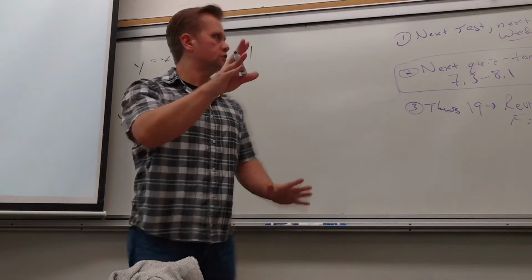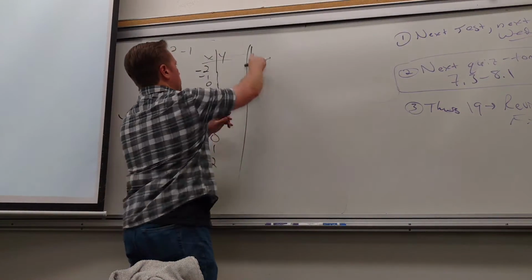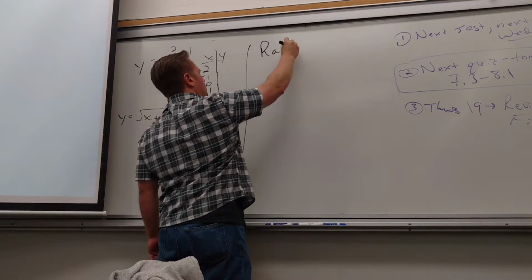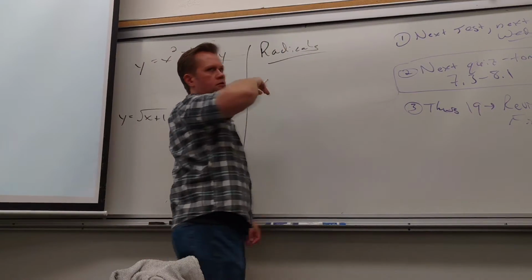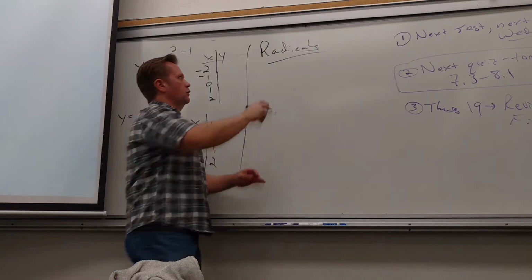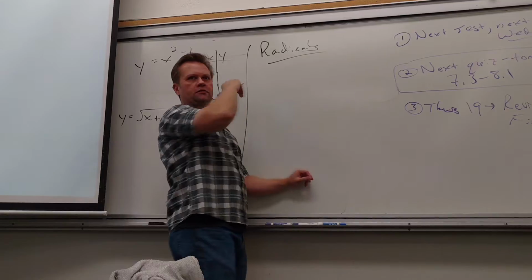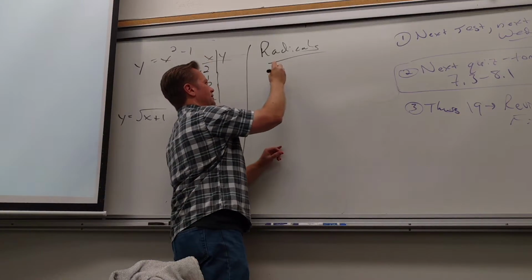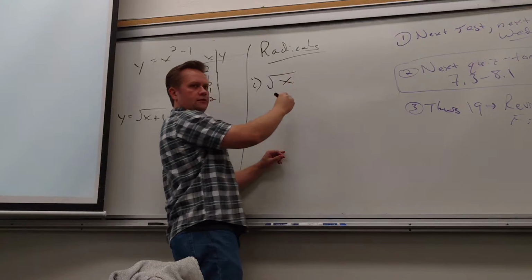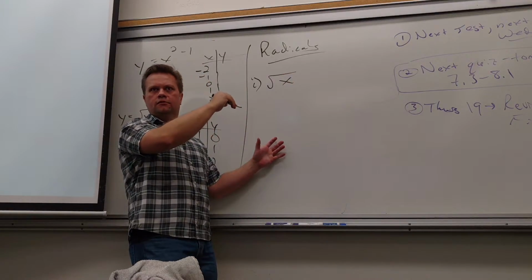All right. So finally, we're going to catch up to the book. We're going to start talking about radicals, and not from a political standpoint. This is what we call a root. So, how do you say this? Square root of x.